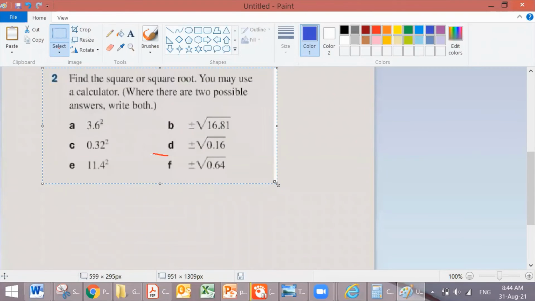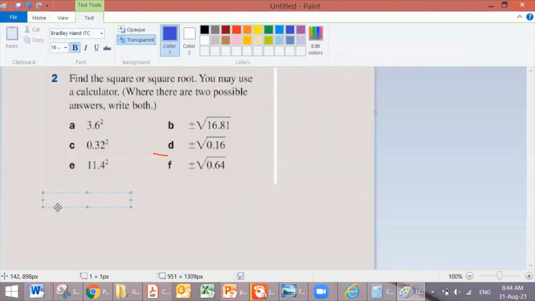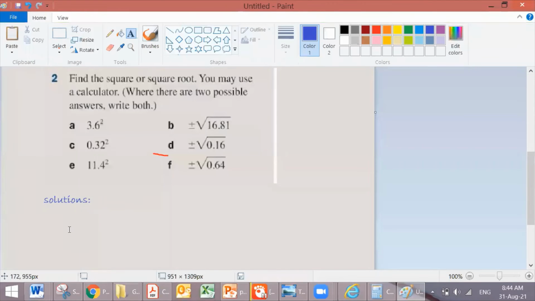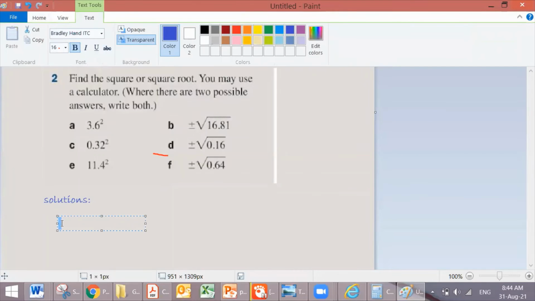Let me make it big. Okay. So 3.6 square, in part A. This one is 3.6 square.